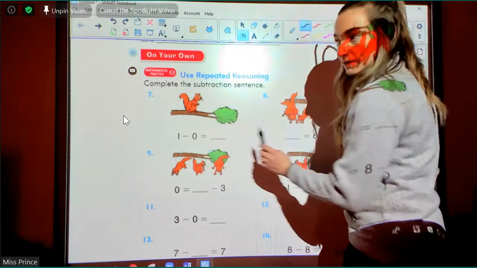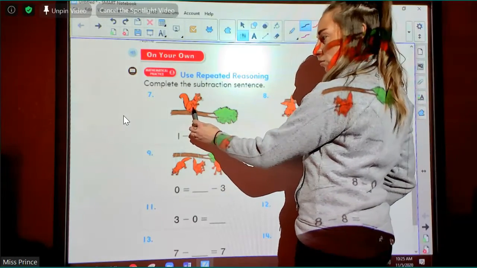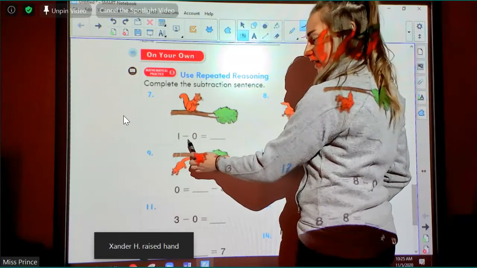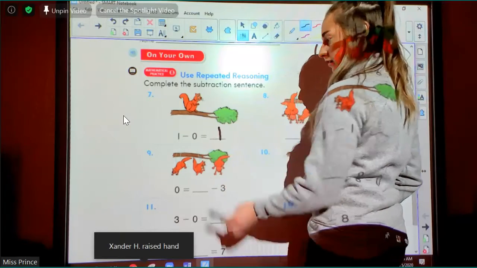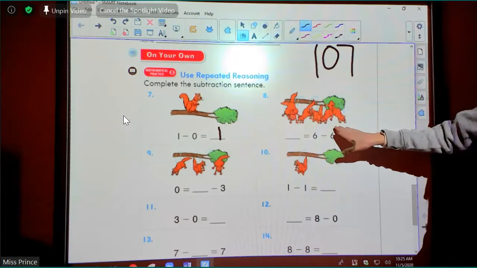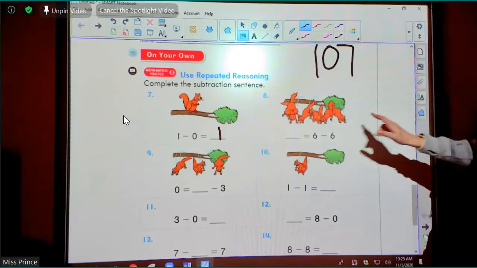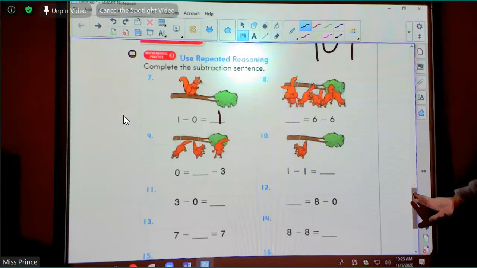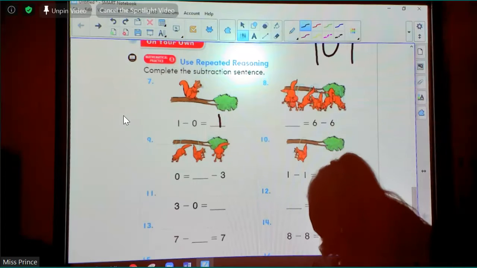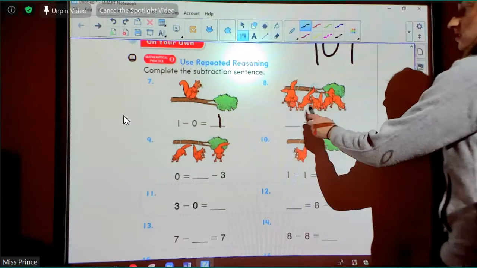How many squirrels are left over? We still have our 1 squirrel. So 1 take away 0 equals 1. Let's go to this problem. All of these squirrels are jumping off, so we need to figure out how many we started with. Alakai, how many did we start with?